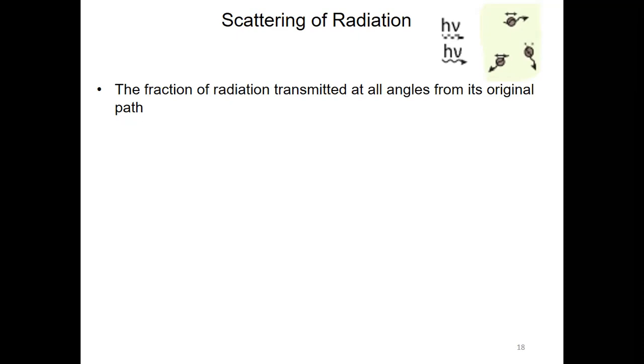But in that case, we are measuring the transmitted light in the UV. We don't measure the scattered light. We measure only the transmitted light. By measuring the transmitted light, we can tell how much light has been absorbed.